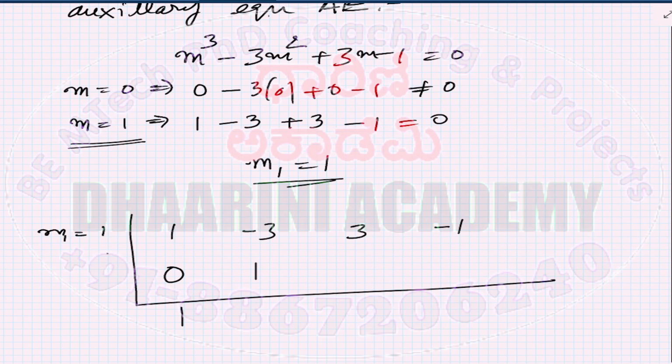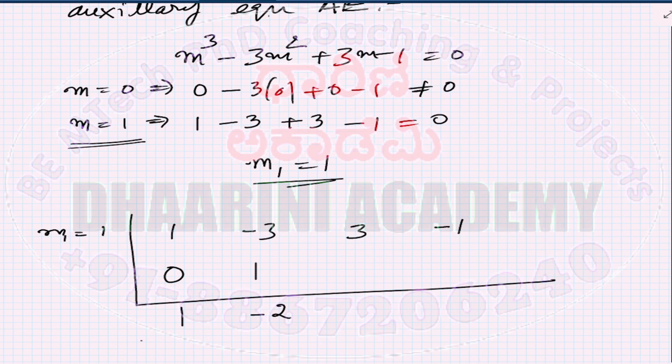So this into this, the product will be written in the next position. And you add column wise. Every column you get, you add. Minus 3 plus 1 is minus 2.